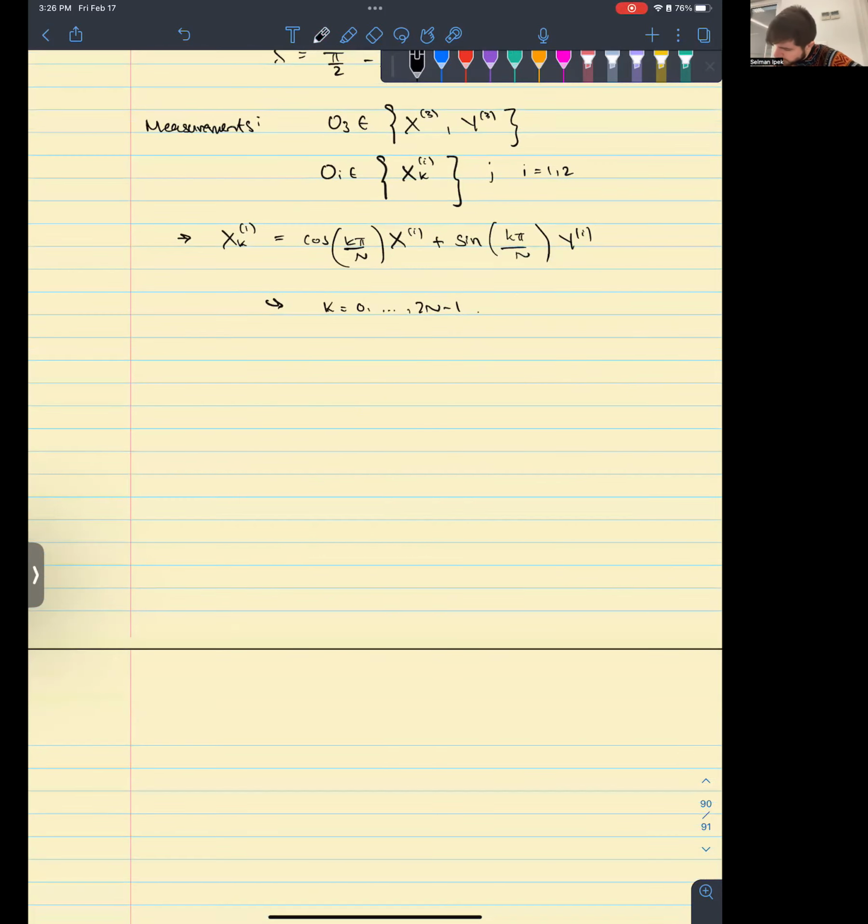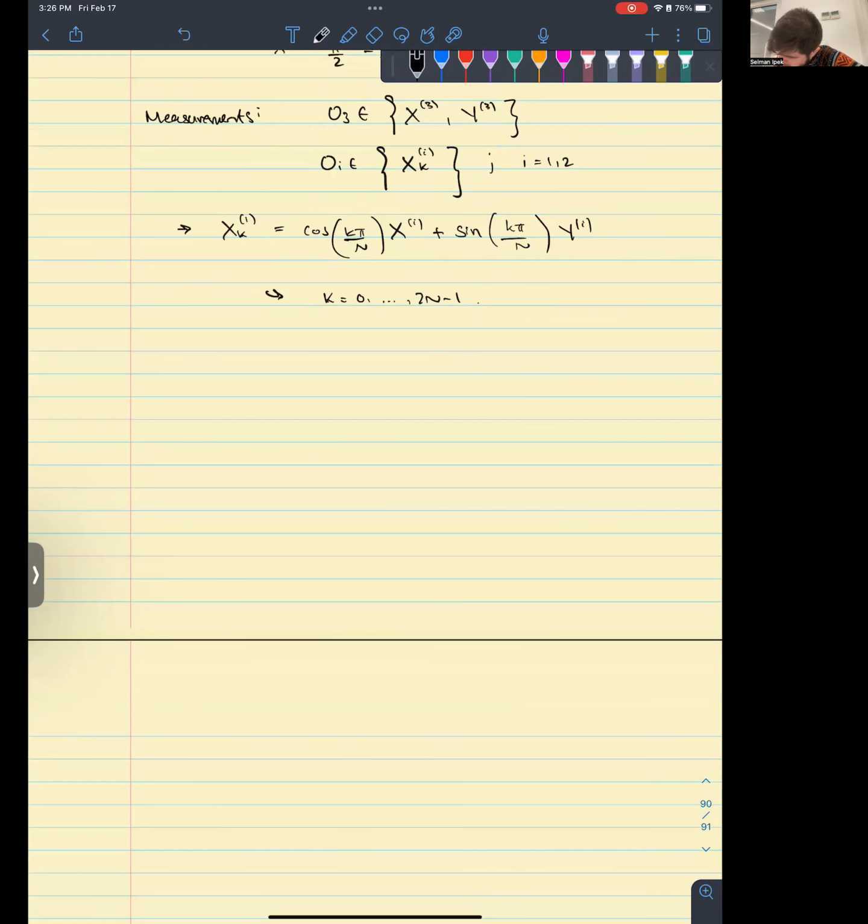Just a couple of things here that will prove to be useful, and we can show this if you like. One is that X_{n+k} is equal to X_{-k}. This follows from the properties of the cosine and sine functions.